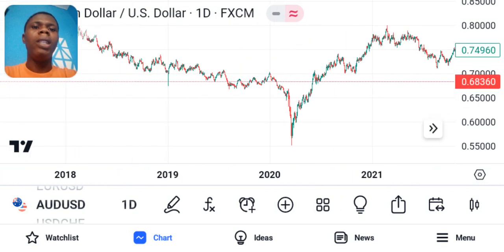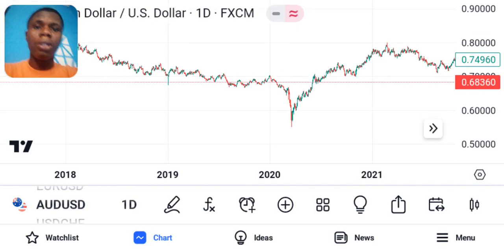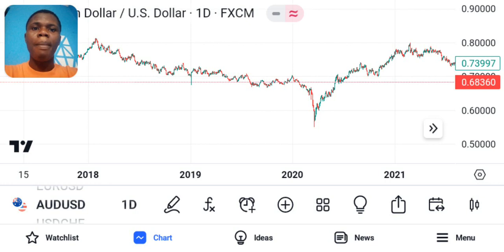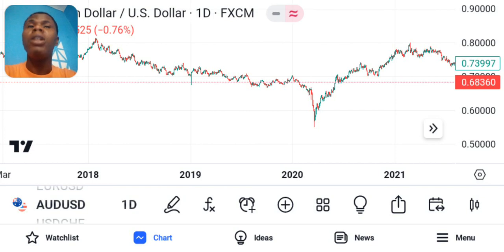Now the third one you want to be aware of is your indicator. What kind of indicator do you use in the market? I use just trend lines to detect when the market has broken, but there are other traders that use moving averages, and others that use so many indicators, Elliott waves and all of that.